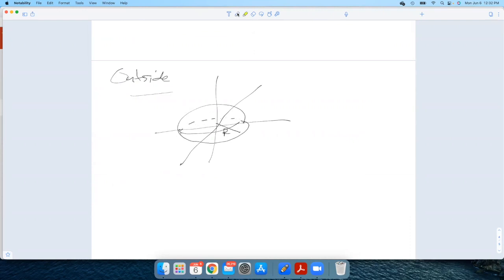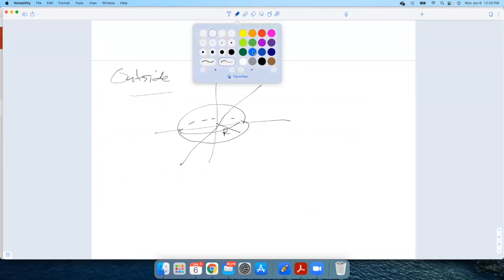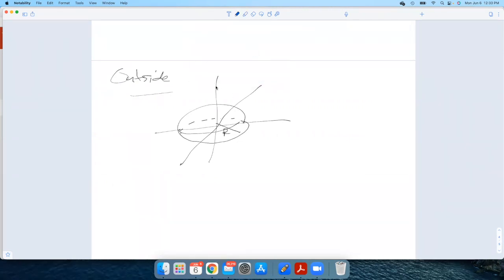Now my Gaussian surface is going to be outside. It's going to be out here. Here's little r. So now little r is bigger than big R, which is a weird sentence to say.